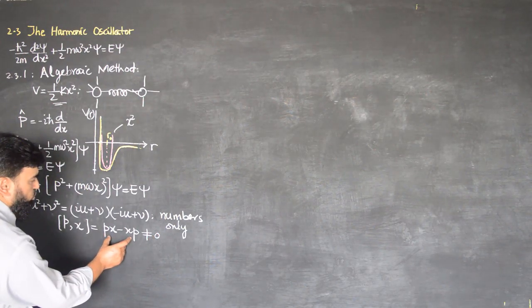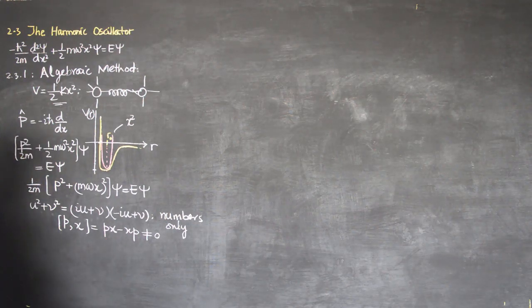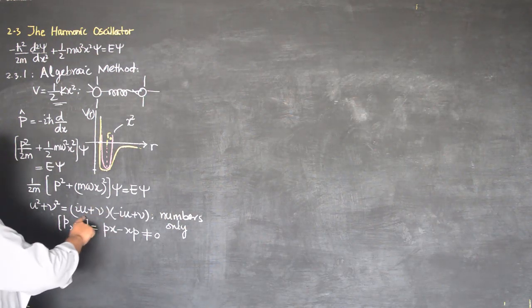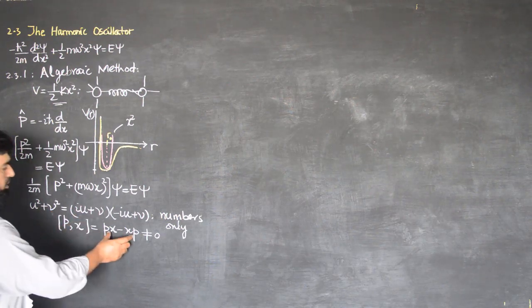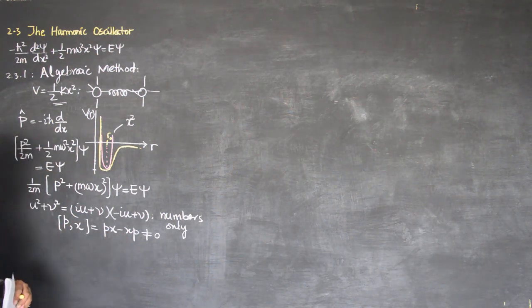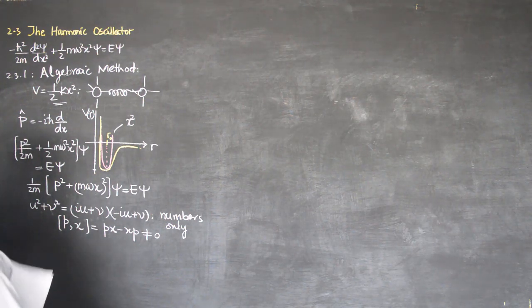So they do not commute with each other, and this is equal to something non-zero. While when we calculate this for numbers, for u and v being two numbers, then this will always be equal to 0. So we will have to rectify this mistake here as well.